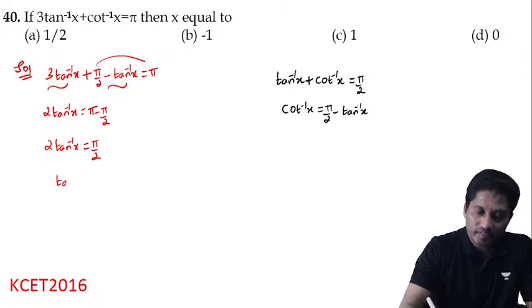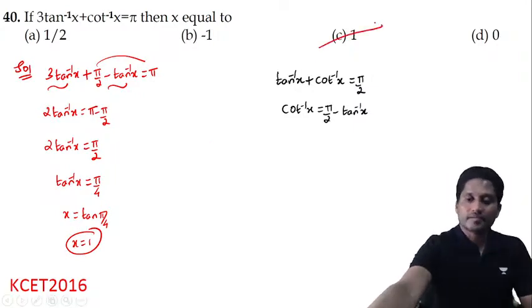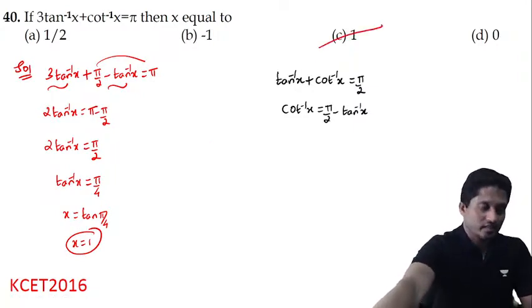Now tan inverse of x is equal to pi by 4, this is equal to tan 45, and tan 45 is 1. Answer is 1. Right, it's a simple question, guys. Just use the identities.